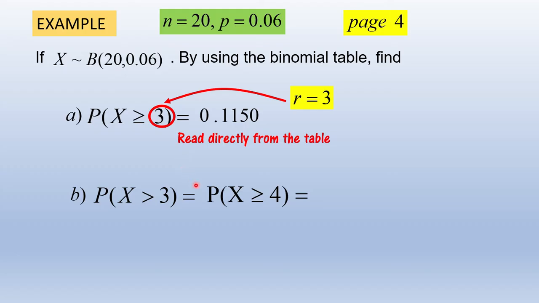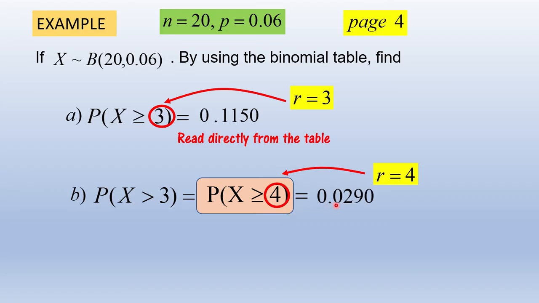So by using the table, take note that 4 is equal to r here. So r equals 4. One more time, from the table, we can get the value, which is 0.0290. So for probability x more than 3, you cannot read from the table directly. You need to change it to x more than or equal to 4.